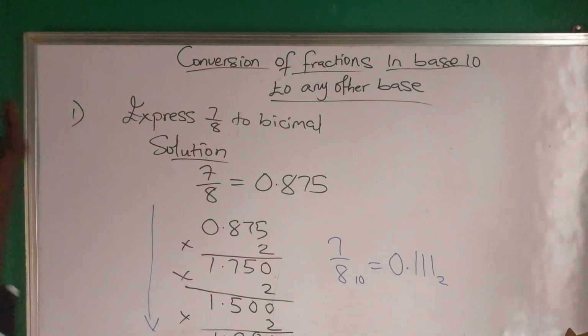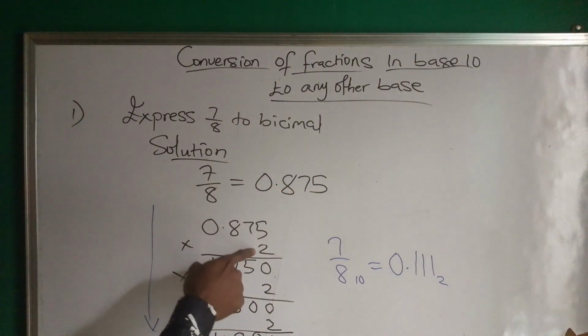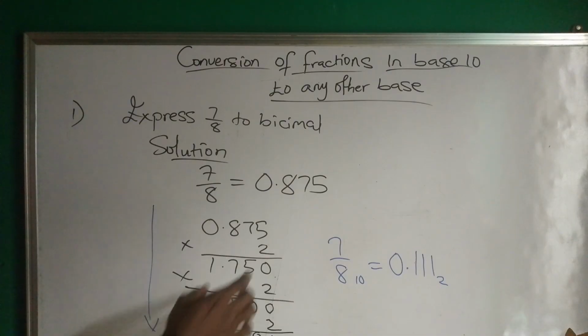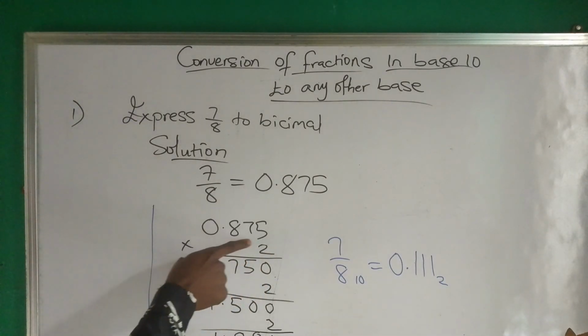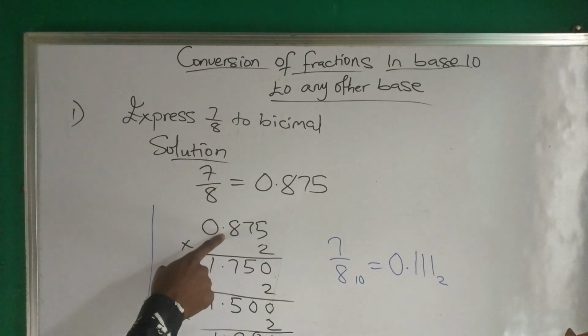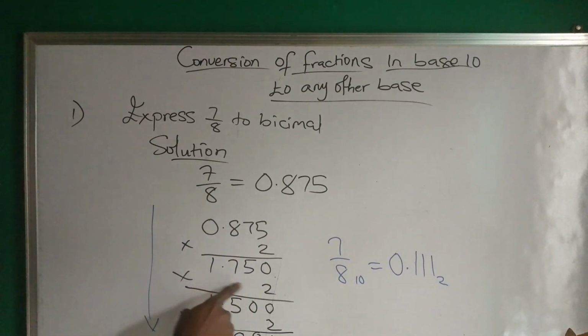Now take note, when multiplying by 2, which is the base you are converting to, ensure that you multiply only what you have after the decimal point. In this place we multiplied 0.75 by 2, and that gave us 1.5.